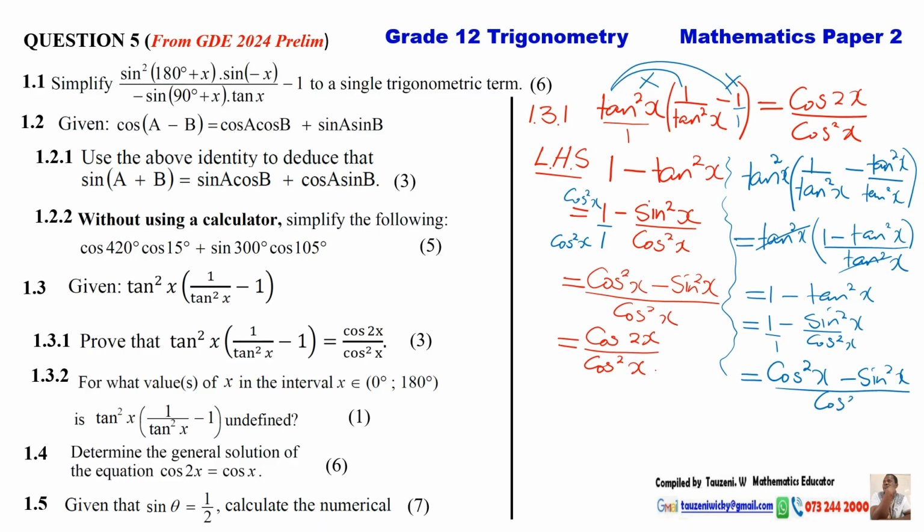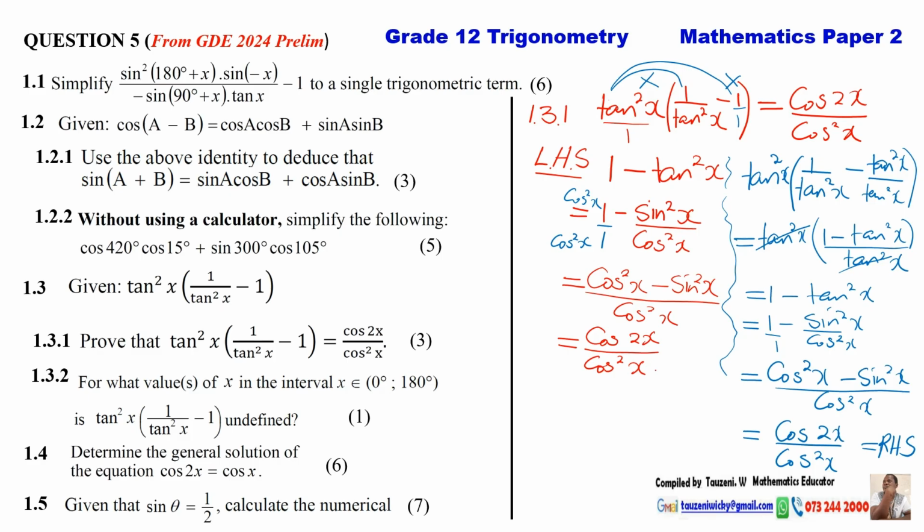Then we use our double angle identities to complete our answer. The numerator is equal to cos 2x. The denominator is cos squared x. This is the expression given on the right-hand side. So in doing that, I have proved the identity given in 1.3.1.